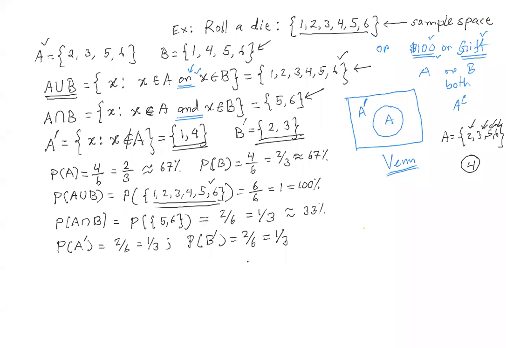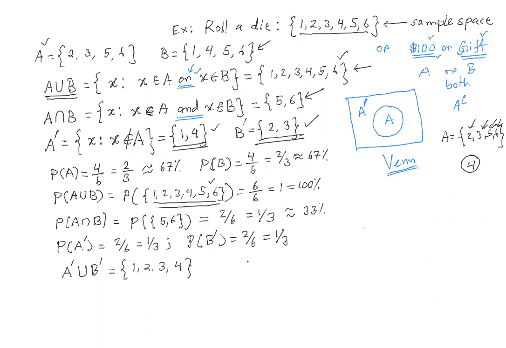Now, having defined this, I want to find something else. Let's say A prime union B prime. We have found A prime and B prime. The union of A prime and B prime would be what? Union of this with this. What value would that be, everyone? It is 1, 2, 3, and 4.